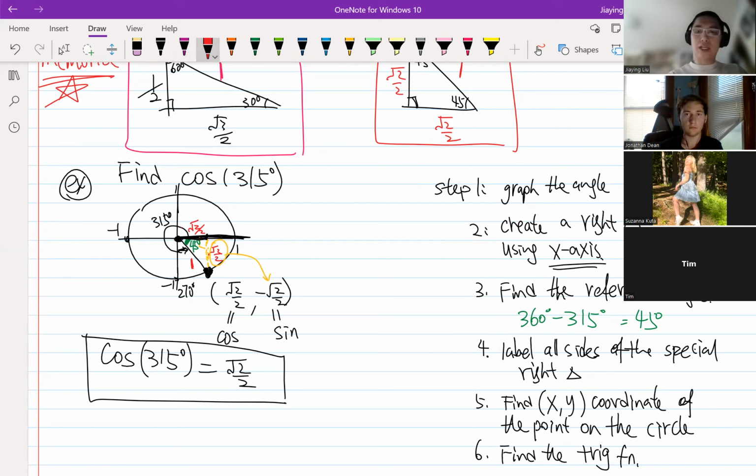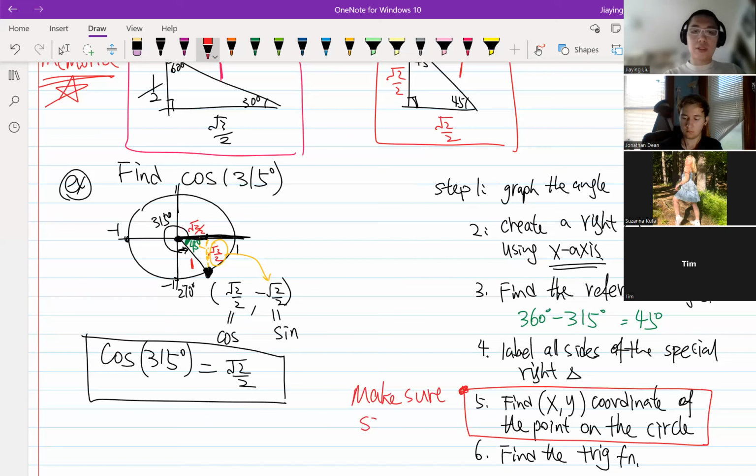When we write down the xy coordinates for the point on the circle, or even later when we find sine and cosine, in step 5, it's very important. You need to make sure the signs are correct.